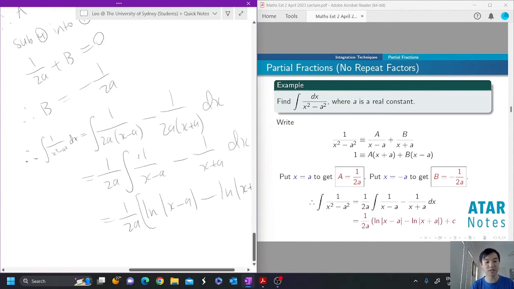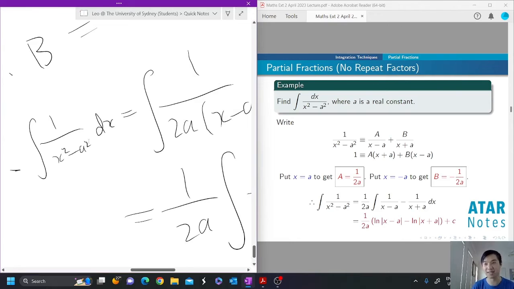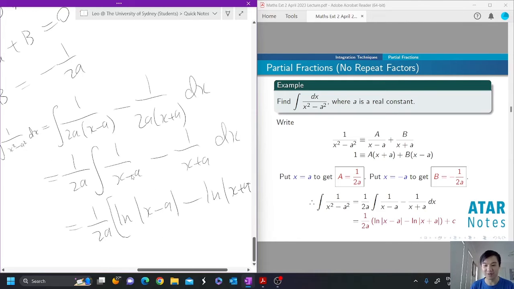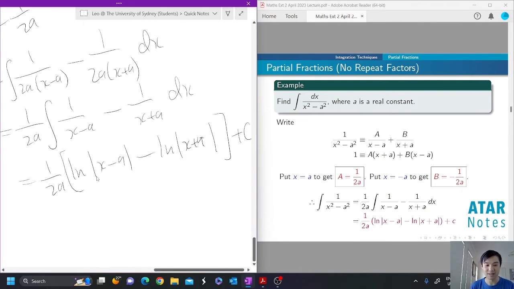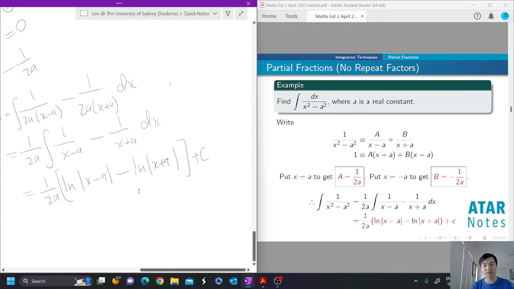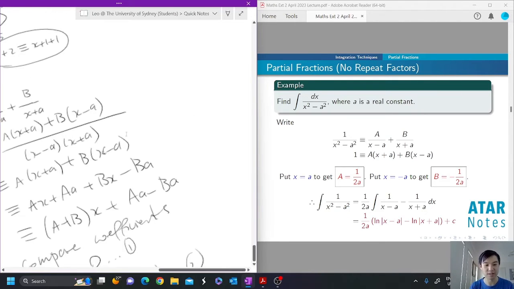So that's how you would integrate 1 over x squared minus a squared. It will simply be this result. And we know how to do this using partial fractions. So kind of a complicated example to start with.